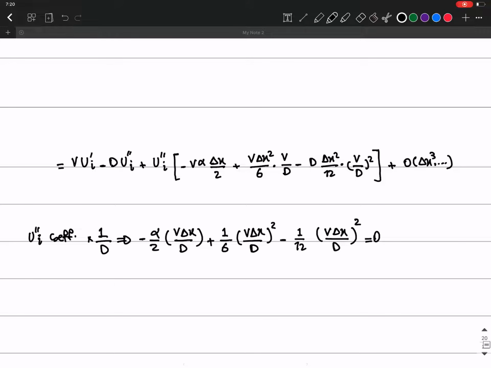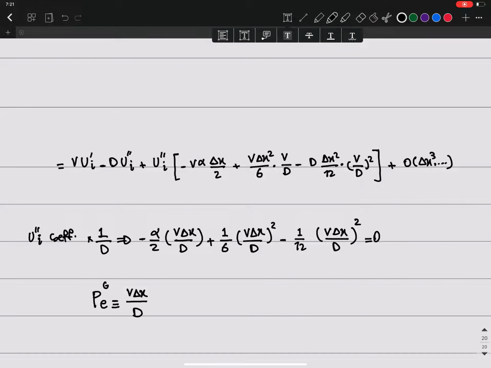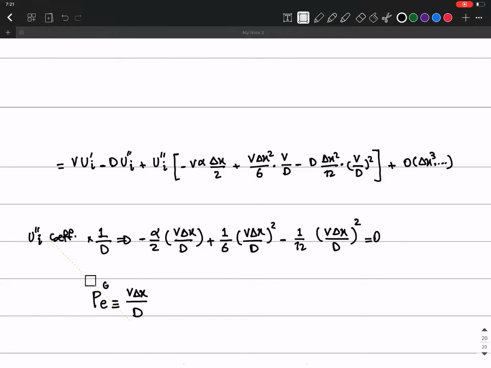Before that, I want to define some important number here, which you might hear in other places. It's called the Péclet number or Péclet grid number, which is defined as v delta x over d. The advection velocity over the diffusion coefficient times delta x is called the Péclet number.